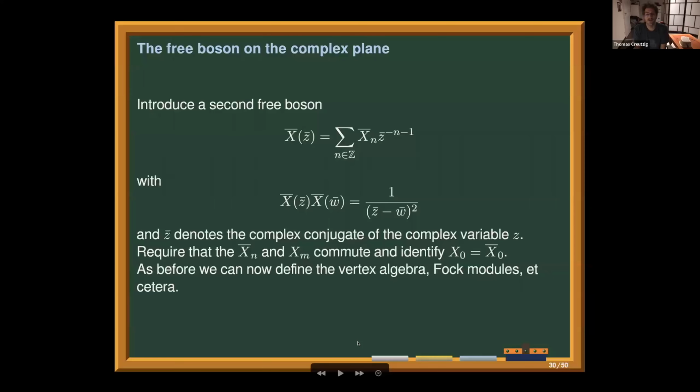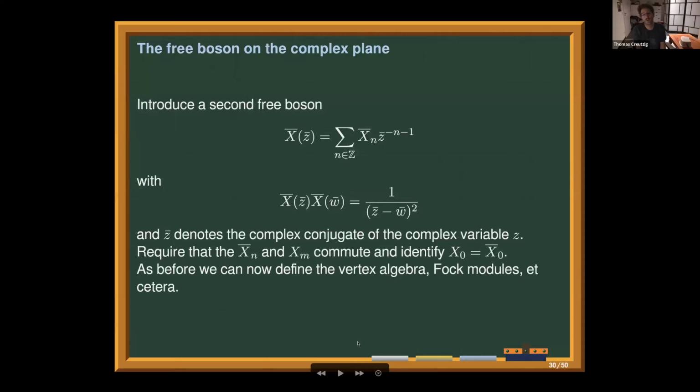This means the OPE of the antichiral free boson field is as before, just that a bar is put everywhere. And on the level of the algebra of modes, simply the barred quantities commute with all unbarred ones and otherwise satisfy the same relations as the unbarred ones. But one does one thing: one identifies the zero modes.